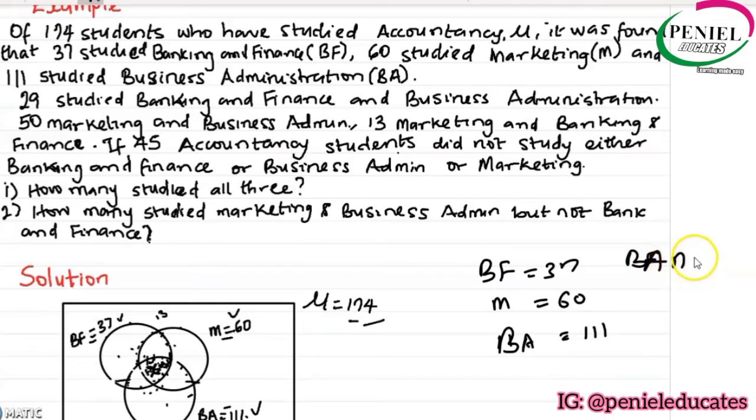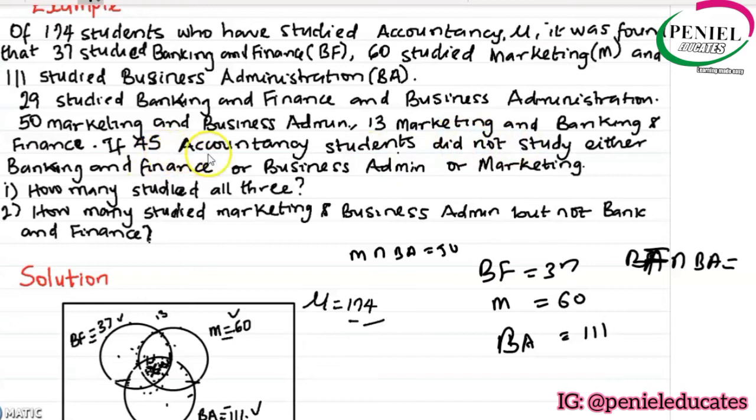Banking and finance, that is BF, intersects BA, we have it as 29. Then 50 marketing and business admin. Marketing intersect business admin, we have 50. And we have 13 marketing and banking and finance.